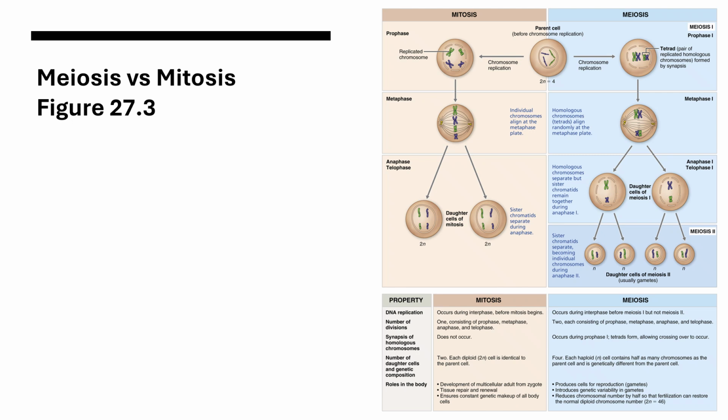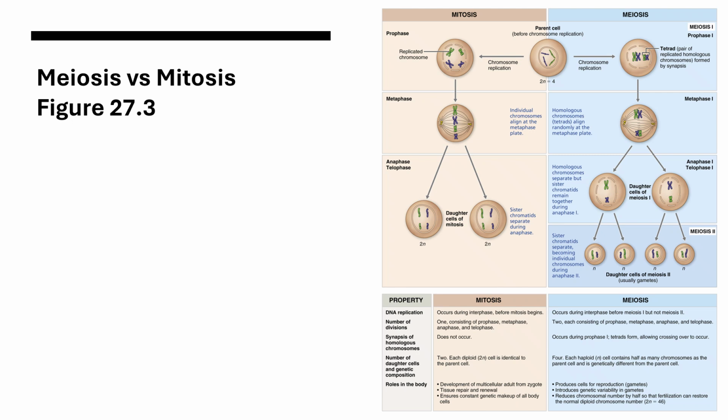All right, meiosis versus mitosis. Here in this slide, you can see mitosis and meiosis. We haven't really talked about meiosis much, but we need to know the difference for this test. As you can see here, mitosis is over here, meiosis is over here.